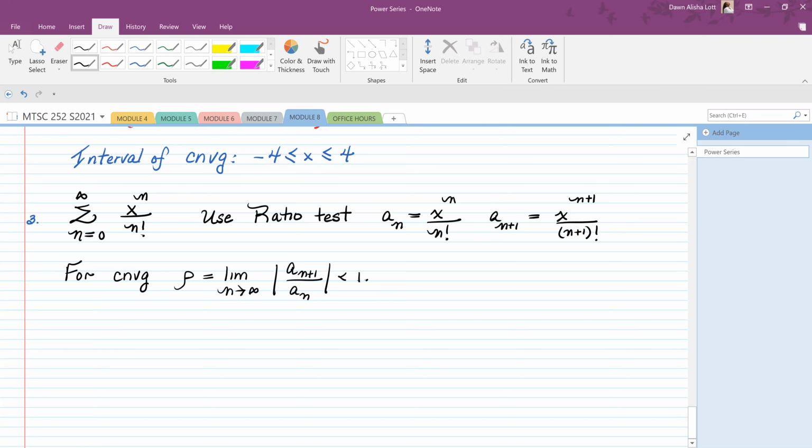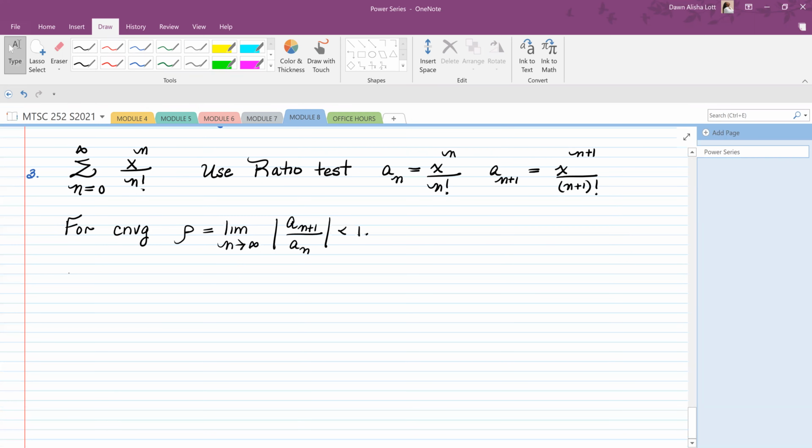Okay, so let's compute rho. So I'm going to get the absolute value of x to the n plus 1 over n plus 1 factorial. And I'm going to multiply by the reciprocal, which is going to give me n factorial over x to the n.